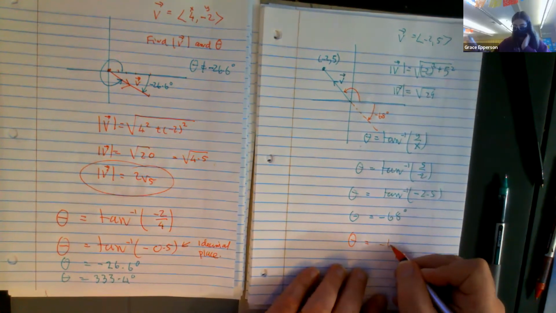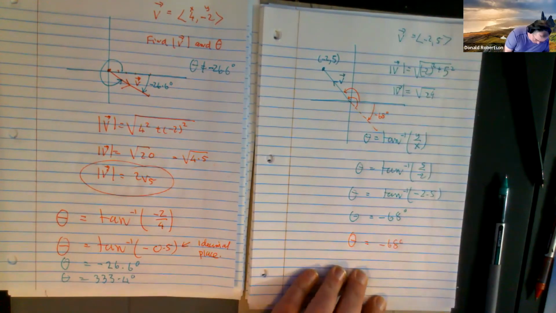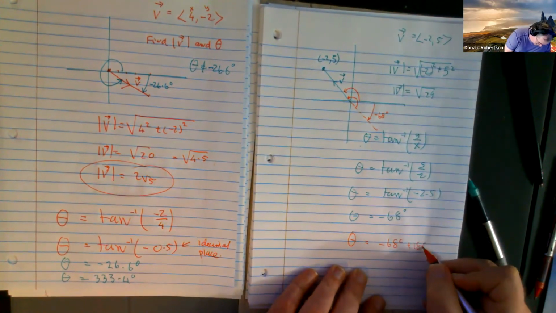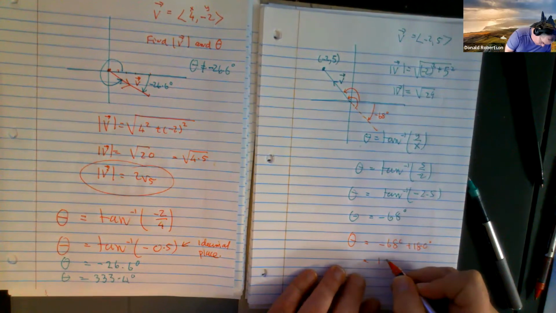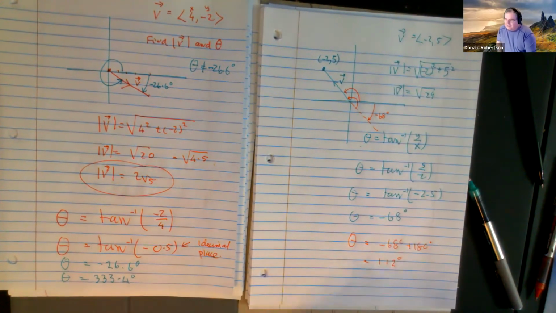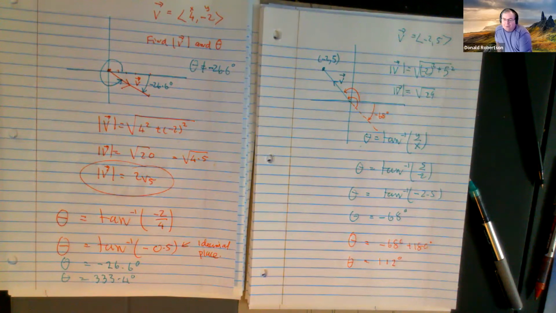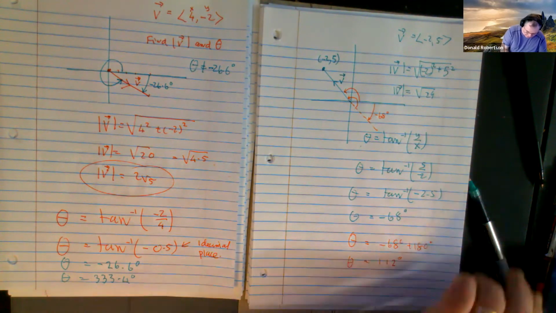If you take 68 and add a straight line, which is 180, you will get to where you need to be. I was darn close, right? 112. And there you go. You've got an angle and you've got a magnitude.